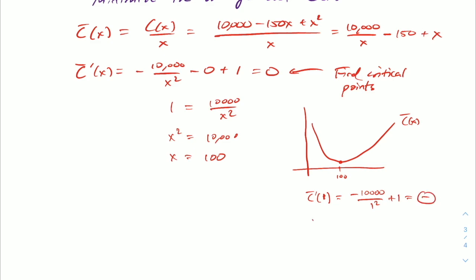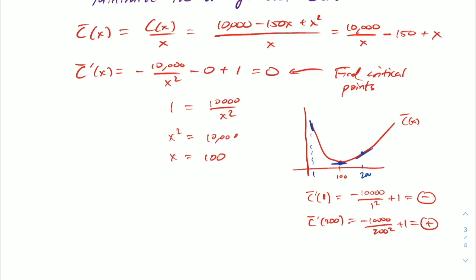C bar prime at some number bigger than 100, let's say 200, we'll get negative 10,000 over 200 squared plus 1. That's going to be a positive number. In other words, the slope is positive over here at 200, and the slope is negative over here at 1. And that suggests that this critical value, this x equals 100, is a min, is a local min.